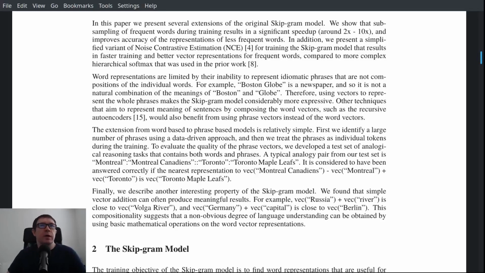So in this paper, they present some extensions of the Skipgram model. Subsampling is the idea that we are going to replicate our data set to magnify its size, or even not necessarily replicate it. If you have a large data set, you don't have to do that, but you can go through each sentence and toss out some words based on their frequency. So more frequent words are more likely to get tossed out, because how many times do you need to correlate the word the to every other word?